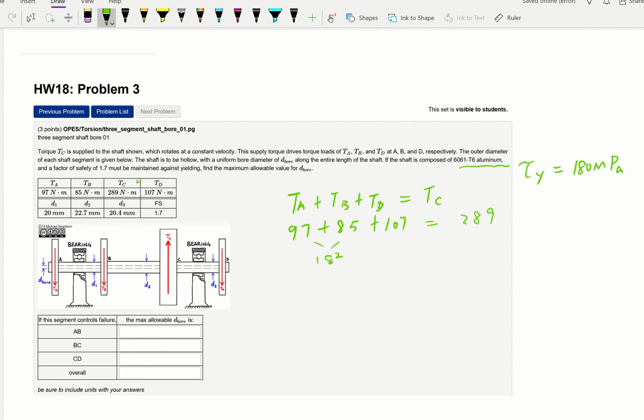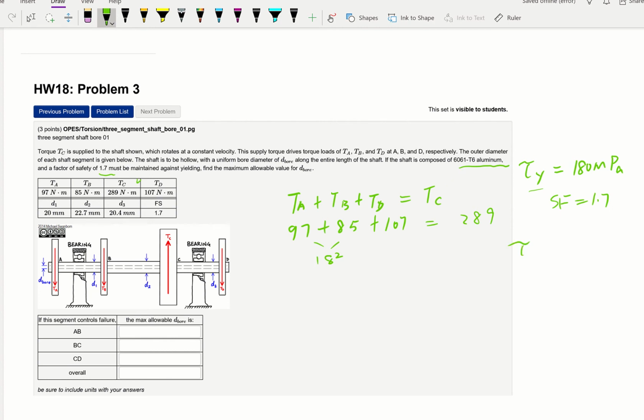Then they have a safety factor of 1.7 for my problem. Knowing the yield strength, which is going to be the failure stress, because at that point it's no longer elastic anymore, right? It can no longer get back to its original shape. So that's going to be set up as our failure strength.